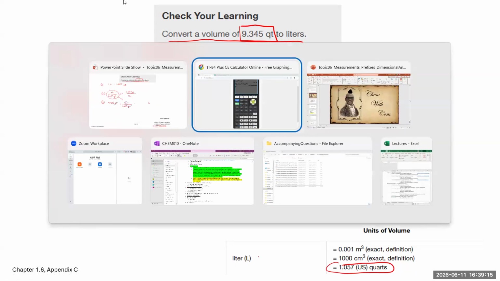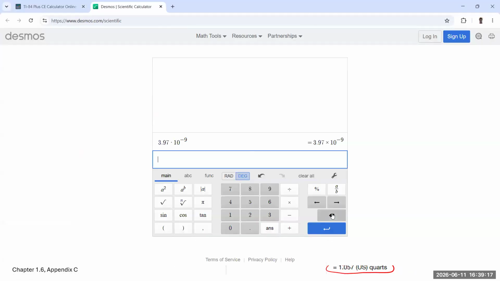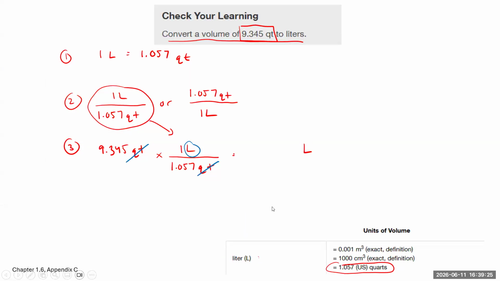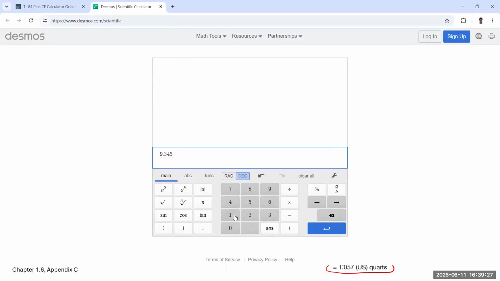We have 9.345. Let's go back here. Clear this. 9.345 divided by 1.057 equals this number here. Let's see if we can copy that.